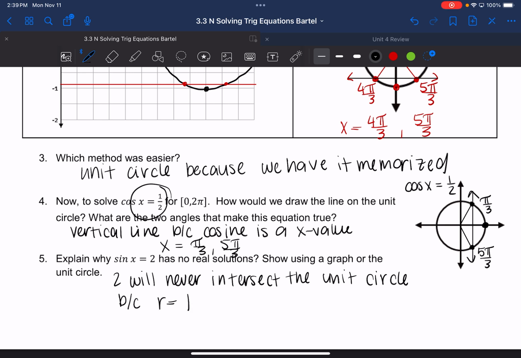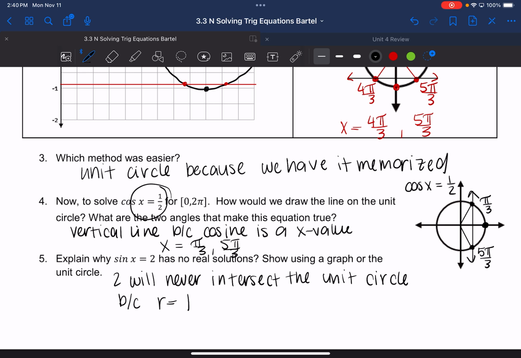Okay, so every single time I ask you to solve one of these, I don't want you to have to draw it, okay? But now at least we understand where our solutions are coming from, right? It's wherever it would intersect on the unit circle. So whenever you're coming up with answers, realize we're talking about where it would intersect on the unit circle. So now that we understand the why behind it, let's look at solving some equations.